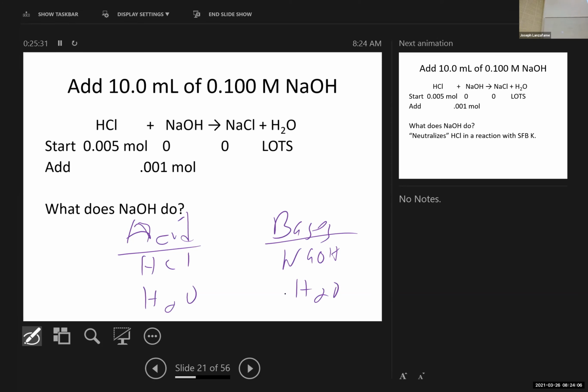And the biggest K here is for which reaction? Well, the HCl in water is freaking big, but which reaction will always have the biggest K if I have multiple acids and bases? Well, it's the K neutralization.